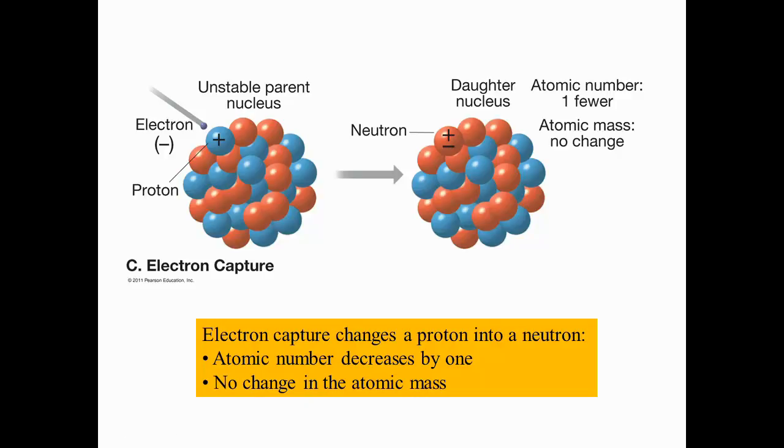And by definition, the proton then changes into a neutron. And so in electron capture, the atomic number decreases by 1, but we do not get a change in the atomic mass because we're simply substituting a neutron for a proton. But again, the daughter nucleus is an entirely new element relative to the original parent. Okay, does everybody see this?